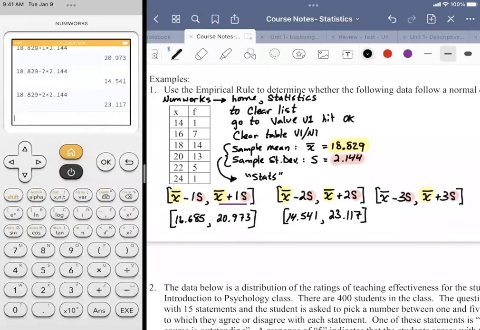So all I'm doing is changing ones to twos to threes. Now we're doing the threes. So I grab the one with the minus, change the 2 to a 3, and I get 12.397.